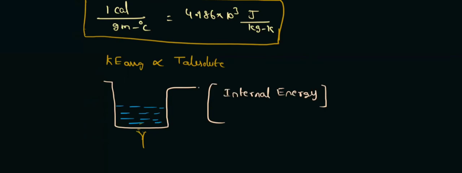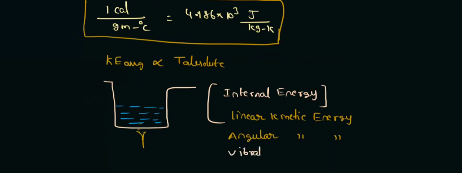There are various kinds of energy forms: linear kinetic energy, angular kinetic energy, vibrational energy, and potential energy.